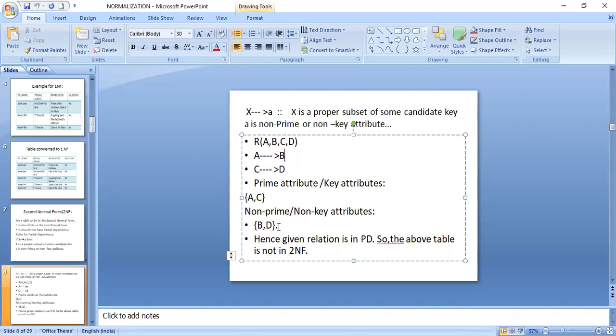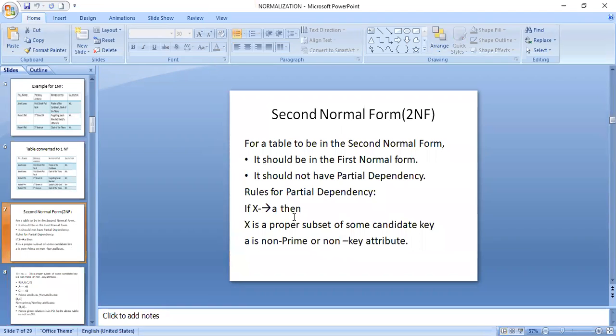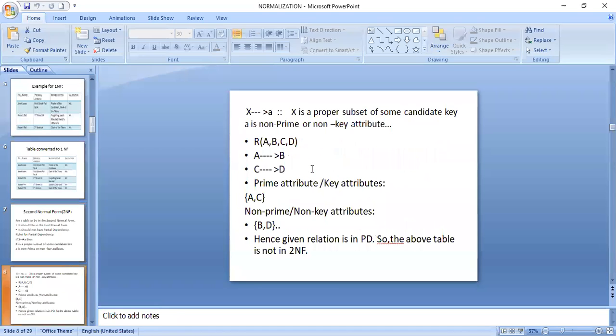Is this clear? So we will say that this particular relation is having partial dependency. But for 2NF, what is the condition? It should not have partial dependency. First condition is it should be in first normal form. Identify whether this is in first normal form or not. For a table to be in first normal form, it should not have multi-valued attributes or composite attributes. Yes, the same thing is happening here.